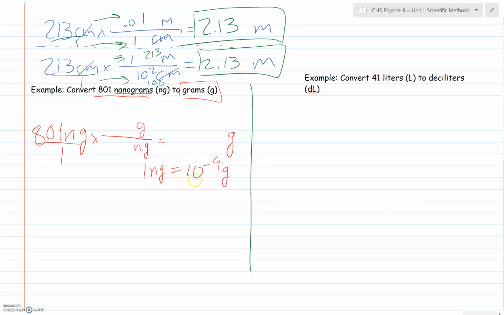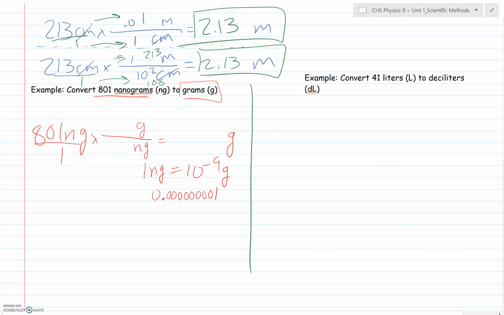And one option is that you know that, hey, this is smaller than 1. So I have to move the decimal to the left 9 places. So I end up with 0.000000001.